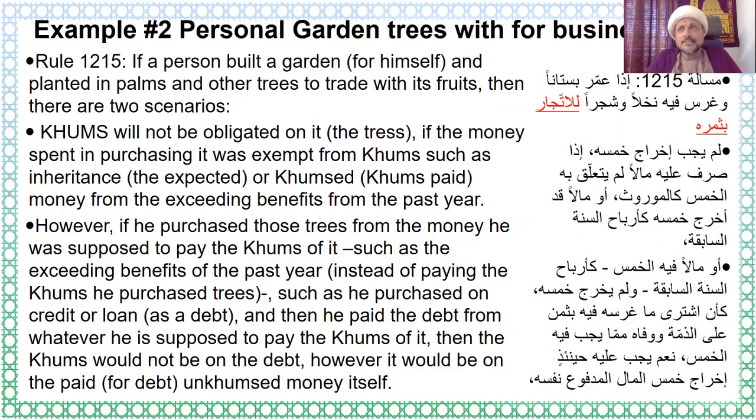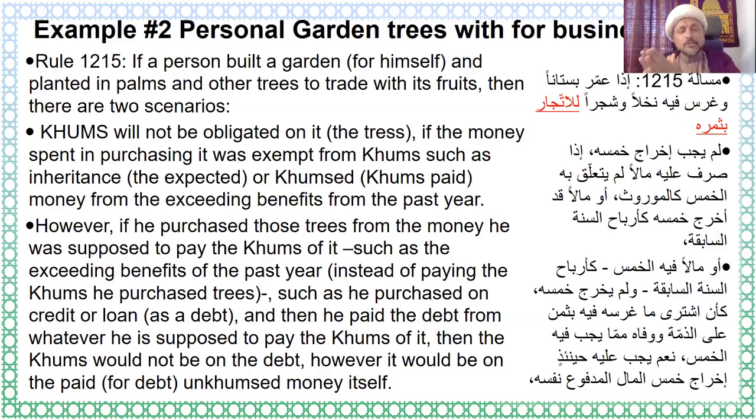The next example, say the Sistani gives, is about the garden. That was one, that was about your annual expenses. Now, in the garden, remember there are 2 things in this example: the garden itself and the trees which are grown in the garden.